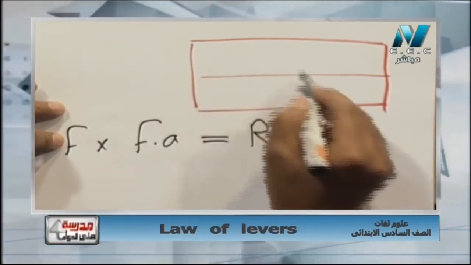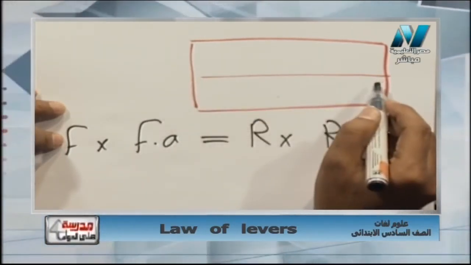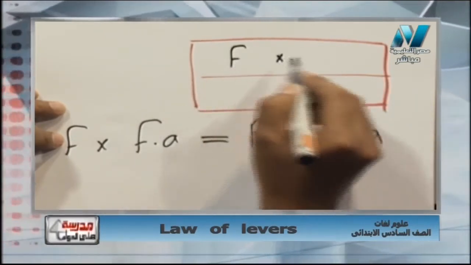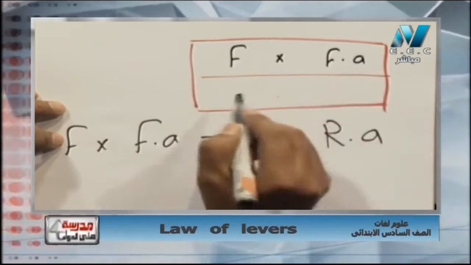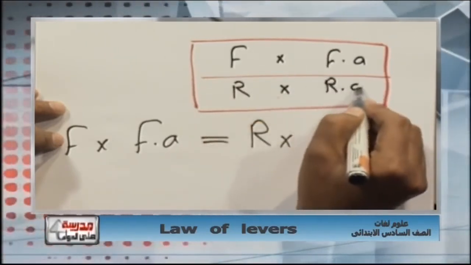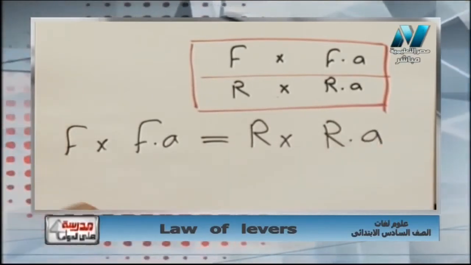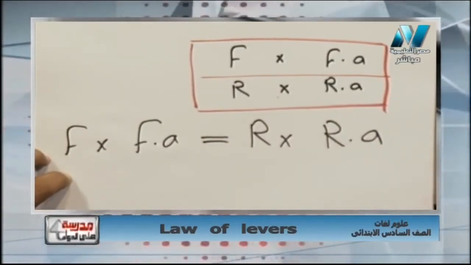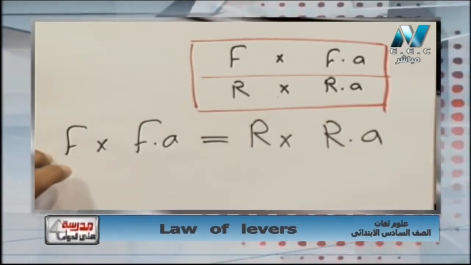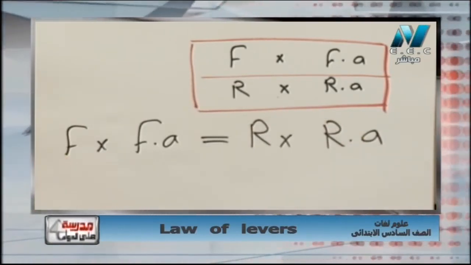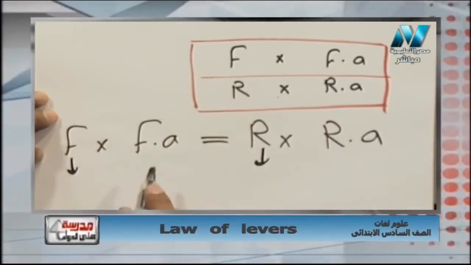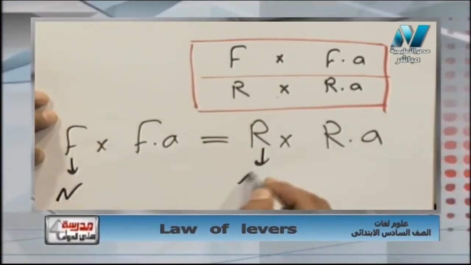So I can put them here in this magic square: F times F dot A equals resistance times R dot A. We have four givens, four values, but you have to notice that force and resistance must be in Newton.